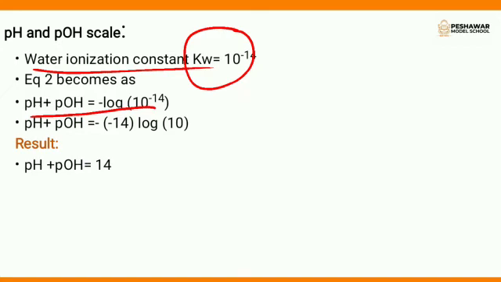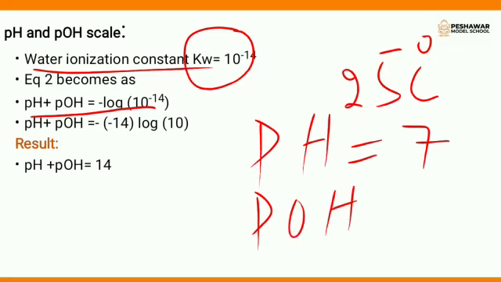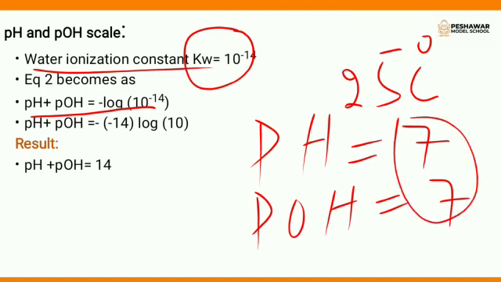At room temperature, the pH of water is 7 and the pOH of water is 7. If you add these two values, you will get 14. Clear?